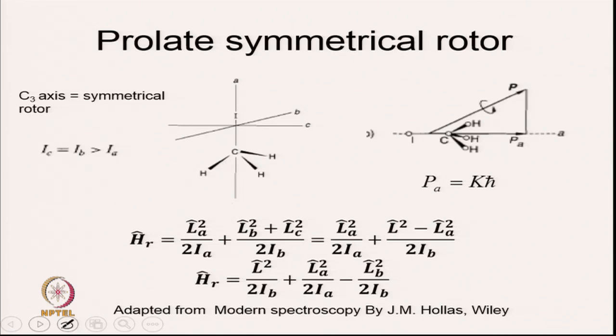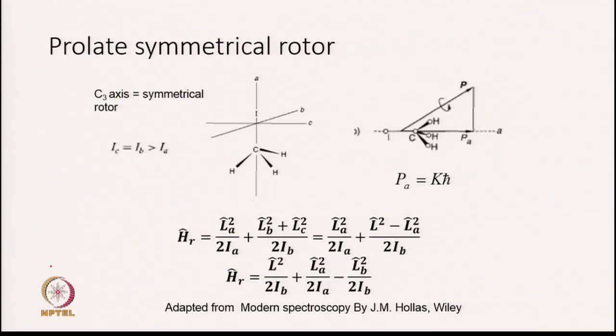In that case, if we take the C-I bond as the A axis, this is your B axis, and this is your C axis, then IC and IB will be equal. So, the moment of inertia around axis C and axis B are equal, while the moment of inertia around the A axis is smaller, and your momentum will be given by K h bar.